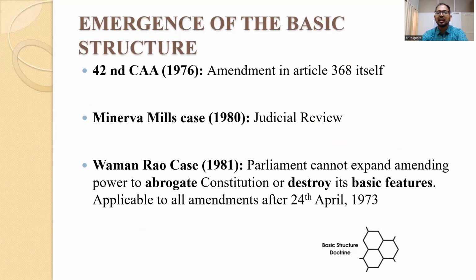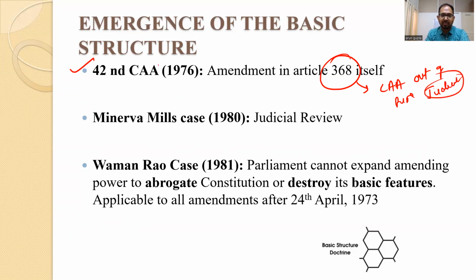Moving ahead, through the 42nd Constitutional Amendment Act, Parliament amended Article 368 itself, giving itself enormous power to amend any part of the Constitution, and also making Constitutional Amendment Acts out of the purview of the judiciary. That means by this amendment, Parliament said that any amendment made by the Parliament cannot be reviewed by the judiciary.